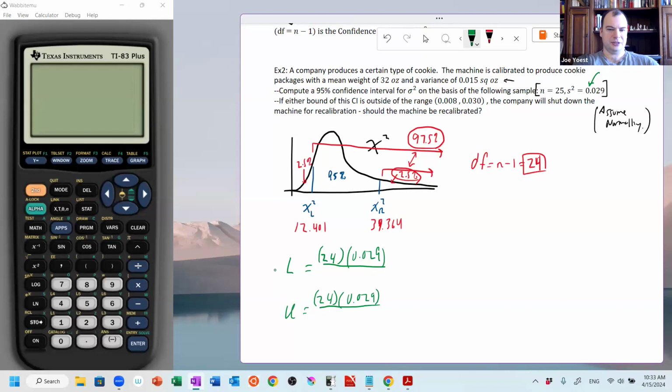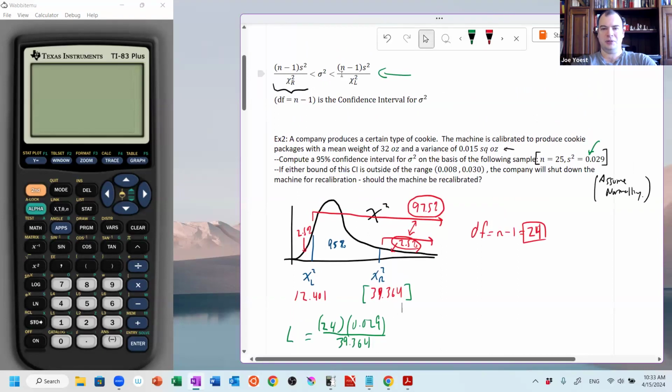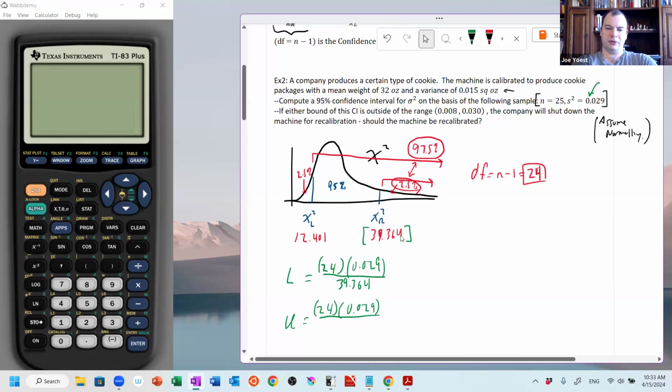Again, the bigger chi-squared number goes in the bottom of my lower bound. So this is 39.364. And again, remember, we looked up this number off the chi-squared table. We don't additionally square this. So this symbol here, say chi-squared left or chi-squared right, already takes into account the squaring whenever we look up this number.